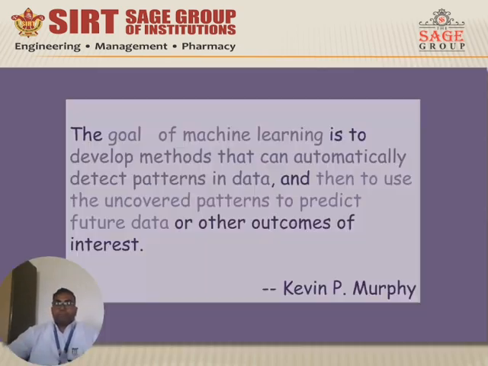We'll start with another definition of machine learning. Here, the goal of machine learning is to develop methods that can automatically detect patterns in the data. In the previous lecture, we also discussed how the data enters the machine learning model, and the different patterns we can analyze from that data, and then use those patterns to predict future data or other outcomes of interest.